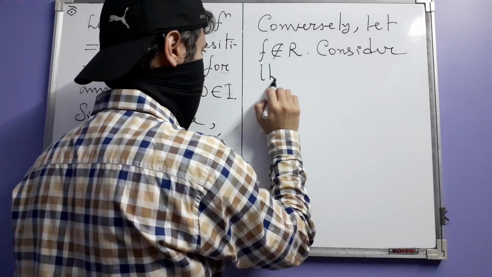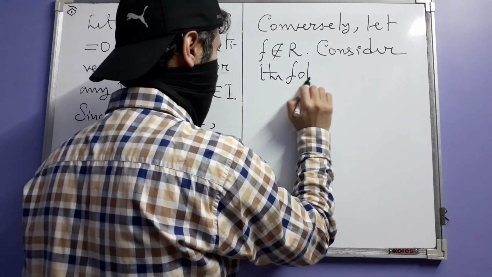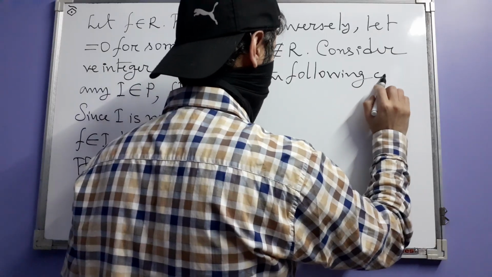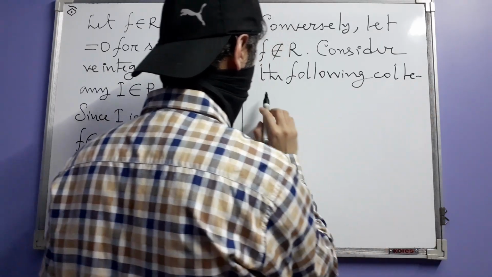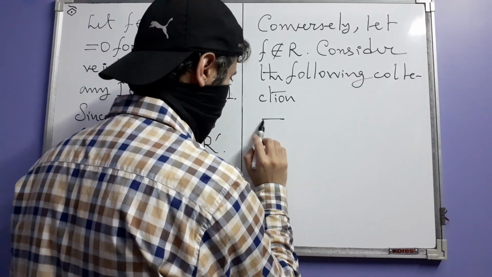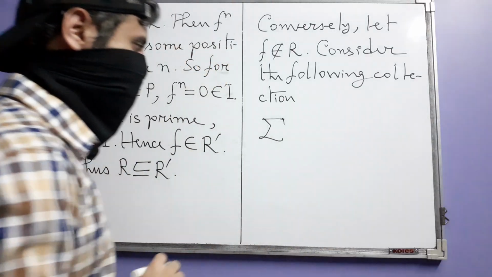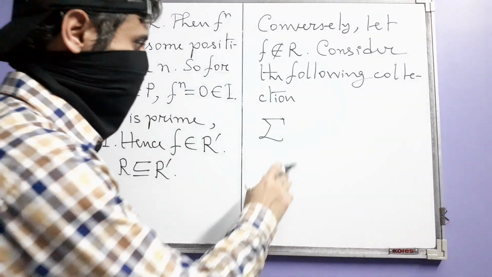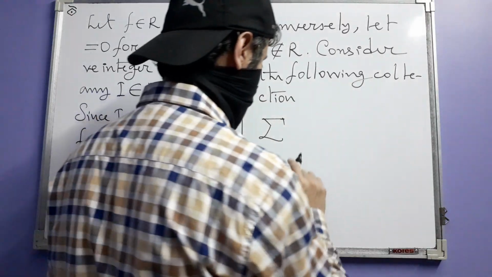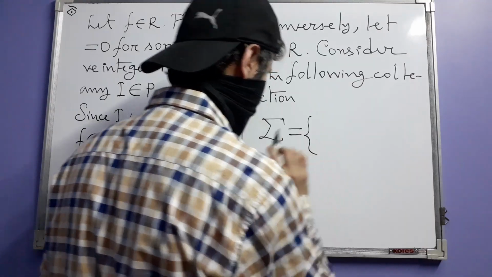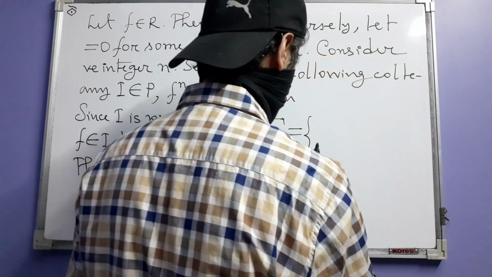And now next what the authors do, consider the following collection of ideals, and they are calling it sigma. You can guess where this is all going. We are going to show that this sigma is partially ordered and on it Zorn's lemma can be applied. What are the elements of sigma?